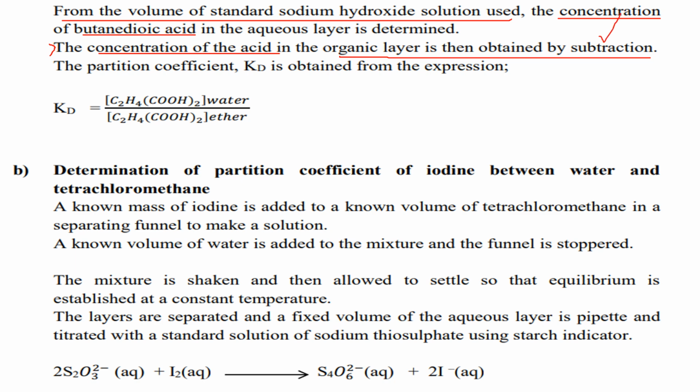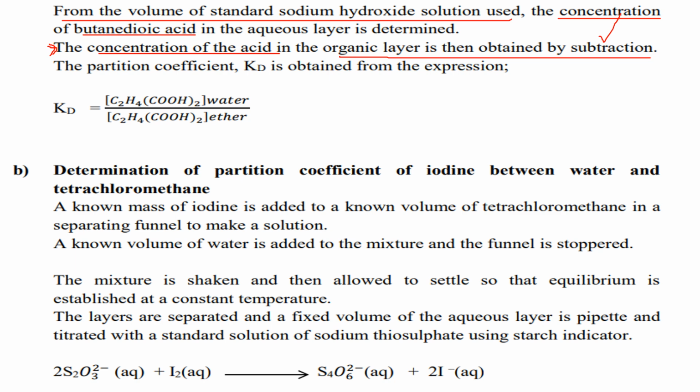Or a student can also give a full statement about pipetting again a known volume of a part of the organic layer and titrating it with a known volume of standard sodium hydroxide and finding the concentration of the solute in the organic layer. So there are two options. You either go with this one or you go with the other longer one.